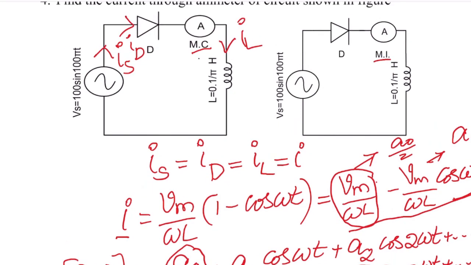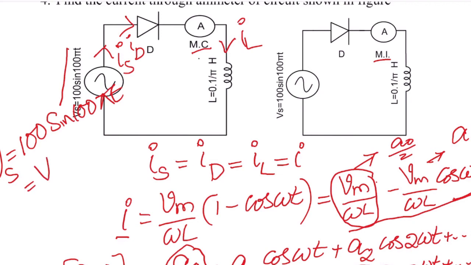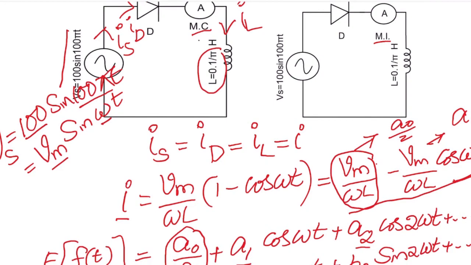Now, the supply voltage they have given is 100 sin 100 pi t. Comparing this with the standard equation Vm sin omega t, Vm is equal to 100, omega is equal to 100 pi, and L is equal to 0.1 divided by pi.